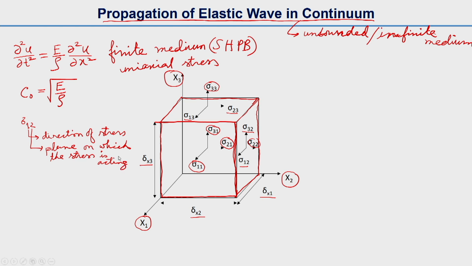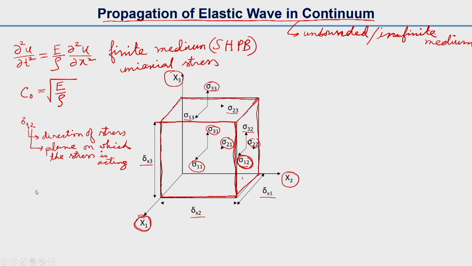So for sigma 1 2, the direction of stress is along x1, and the second suffix 2 gives the plane, meaning this plane is perpendicular to, or normal to, x2.